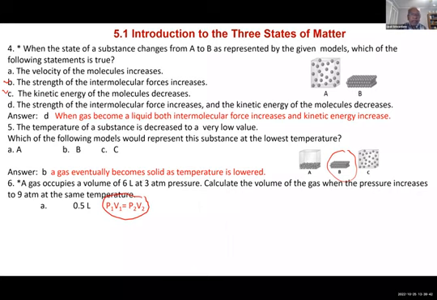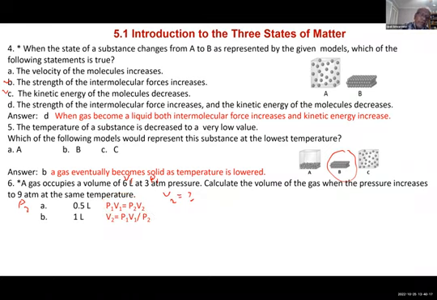In this question, this is V1, this is P1. When pressure increases, that's P2. So they are asking for V2, the new volume. So you rearrange this equation to get V2.